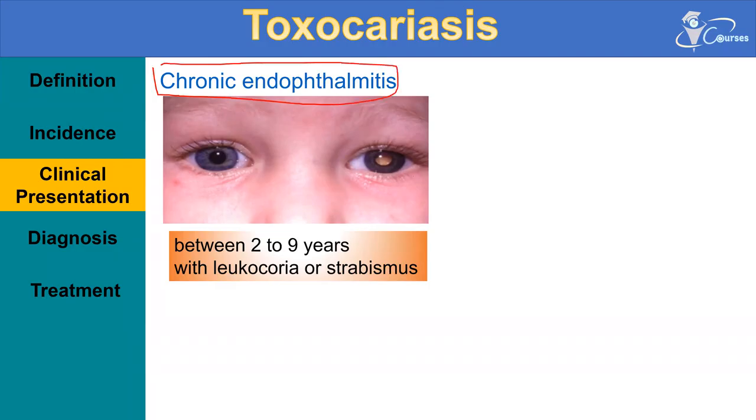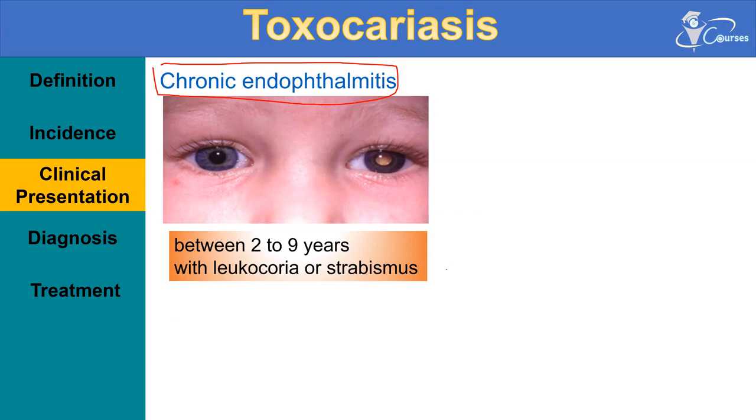So there will be ocular inflammation, a whitish pupil, and strabismus, and the most important differential diagnosis that should be ruled out in those patients is retinoblastoma. This is very important for a child in this age group.